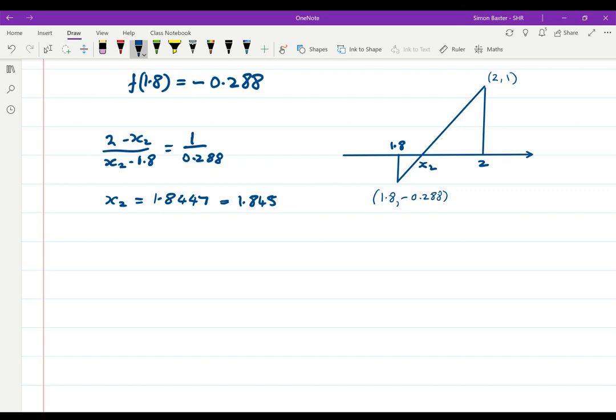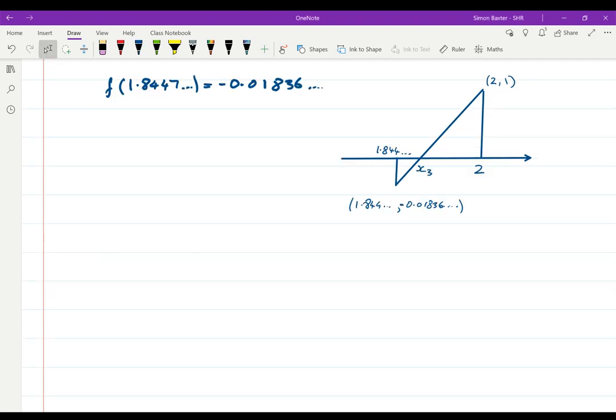And now we must look at f(x2). We use all the figures, 1.8447..., however much there might be, and f(x2) is equal to minus 0.01836, etc. And now we again have similar triangles.